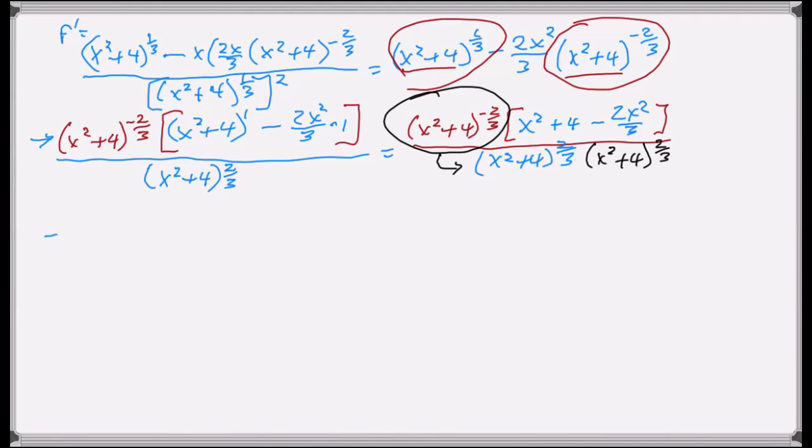So on top that would leave me x squared plus 4 minus 2x squared over 3. On the bottom, if I multiply these two things together, the base is the same, x squared plus 4. I just add exponents. So 2/3 and 2/3 is 4/3.